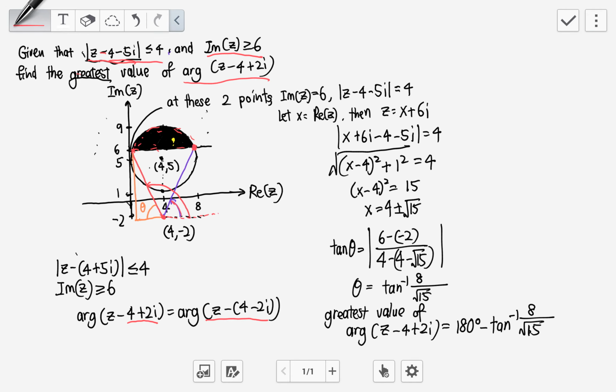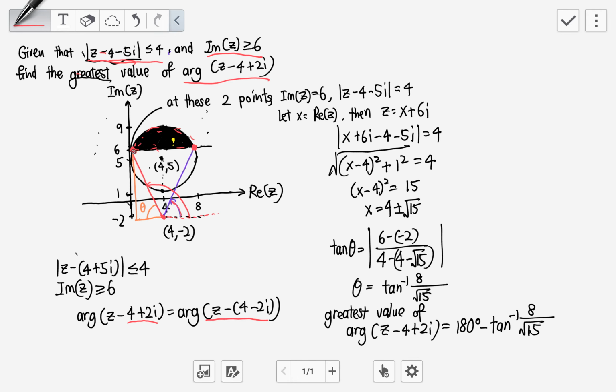Alright, so let's think of how to find this red color angle. To find it, of course, we have to make use of geometry. Firstly, we need to know what this coordinate is. If you don't know this coordinate, it's impossible to find the angle.